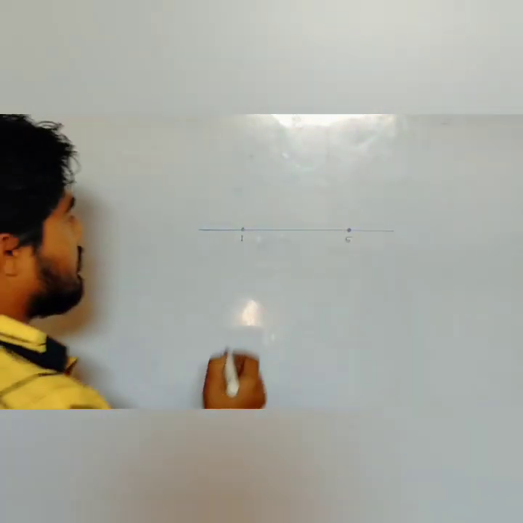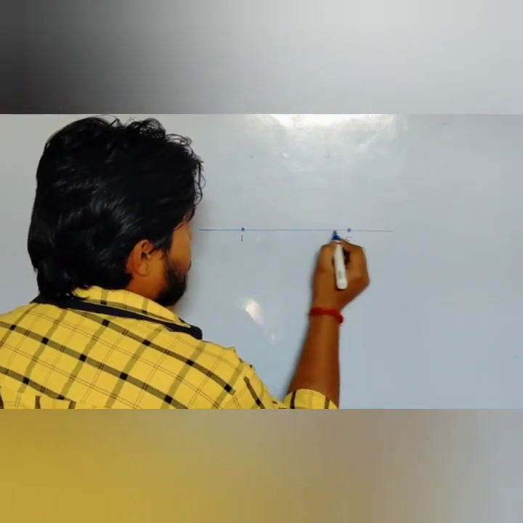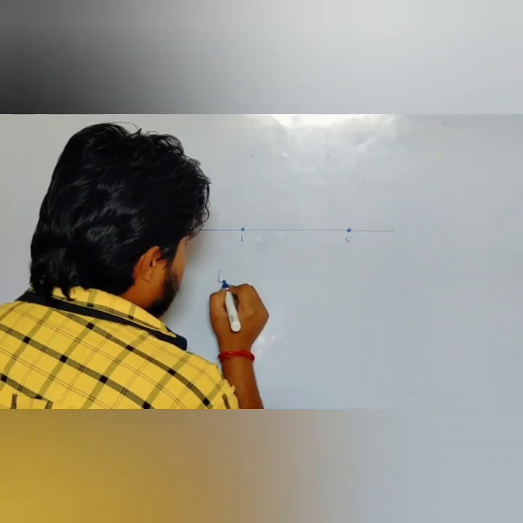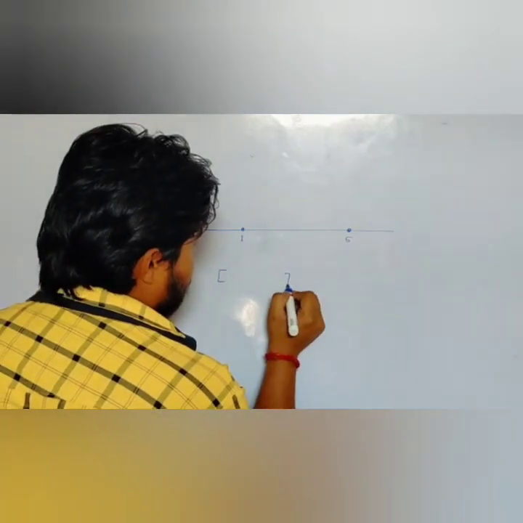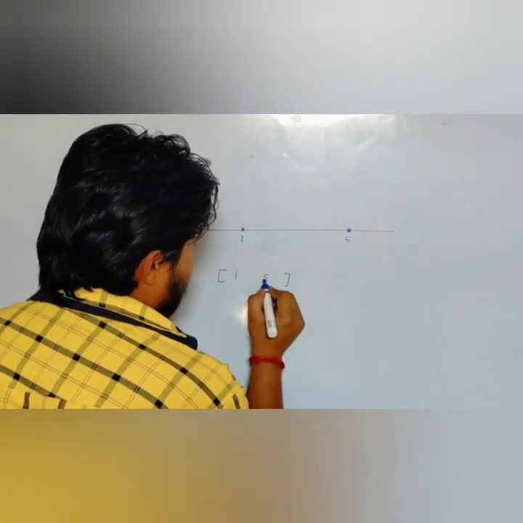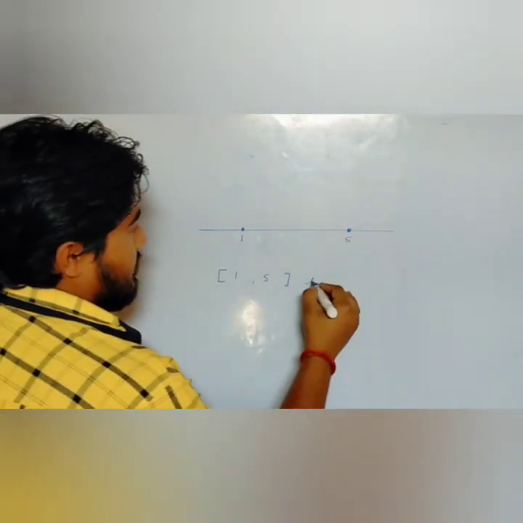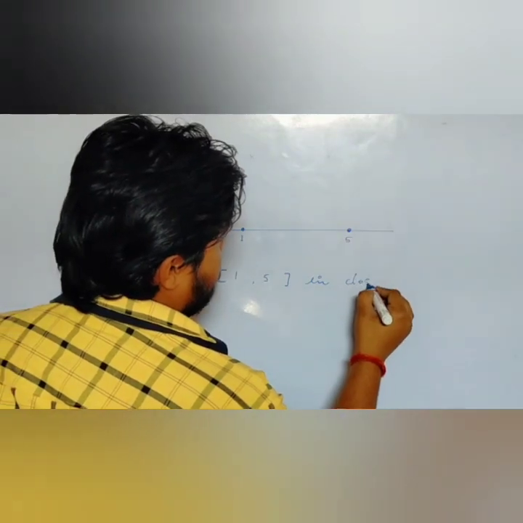In this case we have taken 2 points and we count these 2 points. So this is the closed interval, 1 and 5. This is the closed interval in the square bracket.